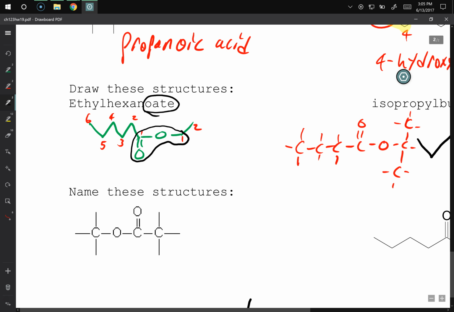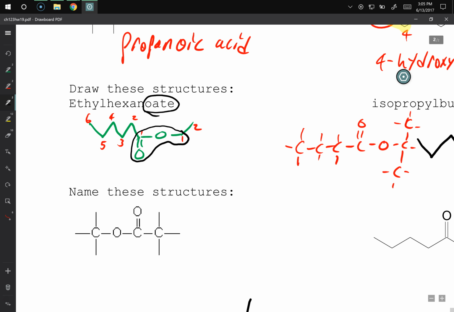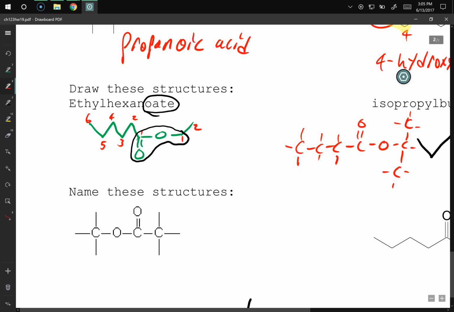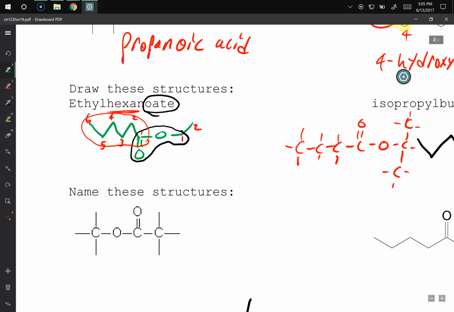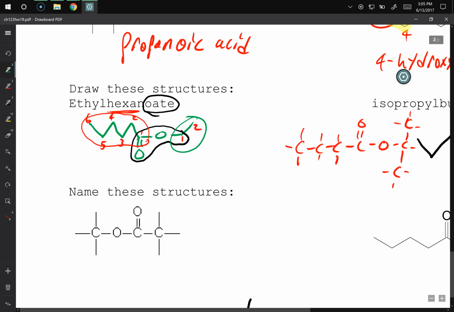That, and then this. The hexane part, right? And then this is 2 carbons that are a side chain.